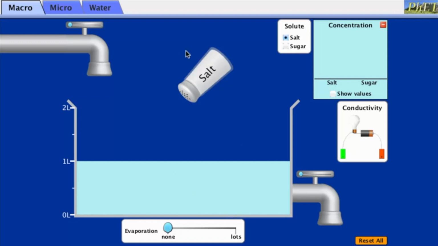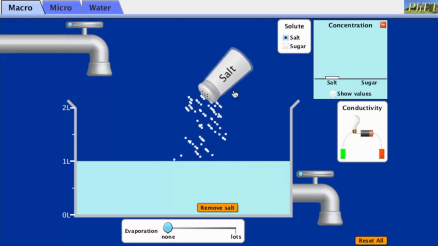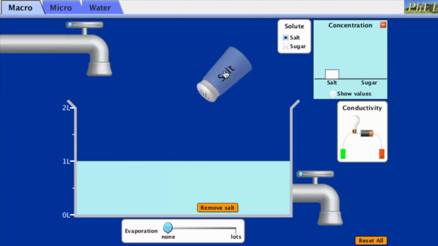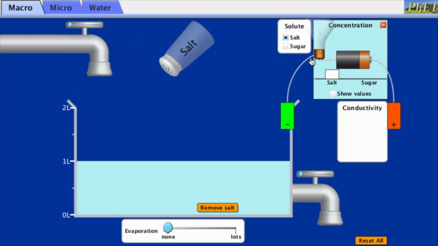Remember that salt is ionically bonded, and so you will produce ions. So let's move our salt from the container into the water, and now we're going to check with our electrodes.